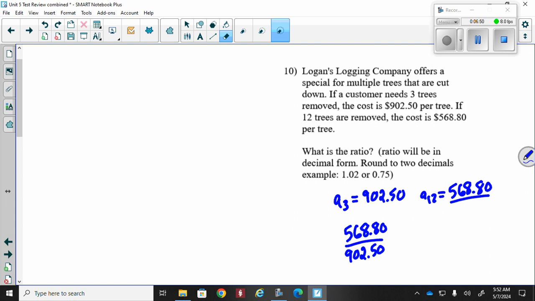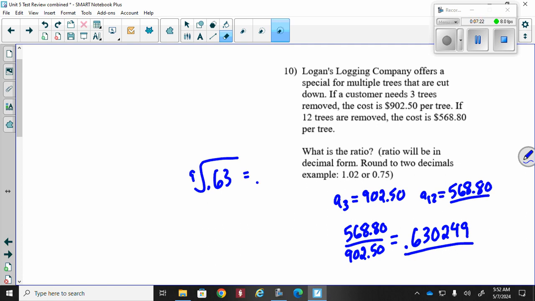Now you're going to get an ugly number. Your answer is going to be like 0.630249. The more numbers you write down at this stage, the more accurate your answer is going to be. So if you only put like 0.63, and you take the 9th root of this, and I'm doing this in real time, so let's see what happens.